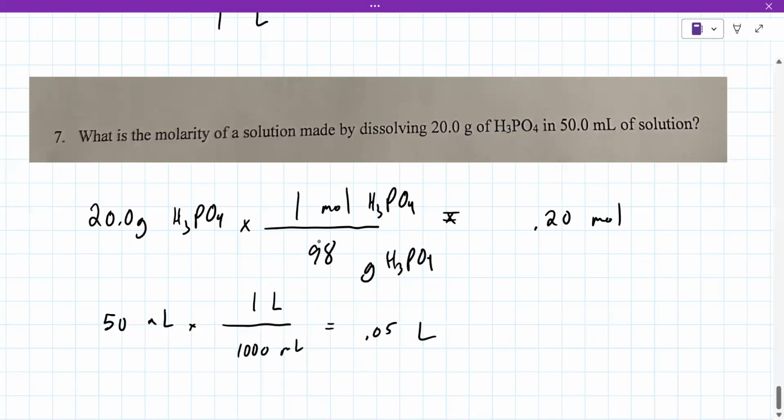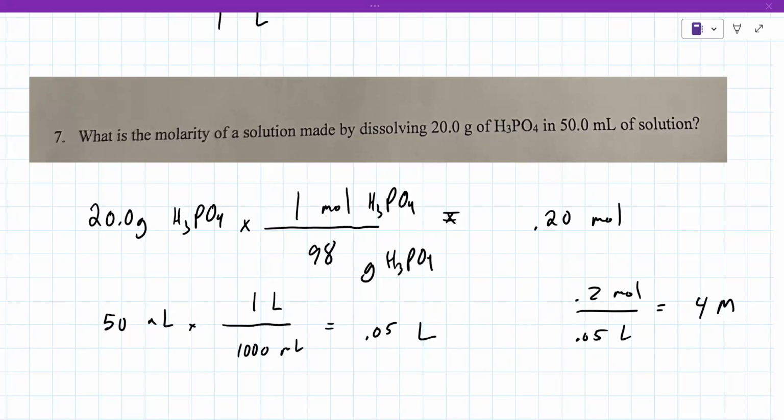So now you take your moles, 0.2, your liters, 0.05, and divide. 4. Or 4 molar, yes. Okay.